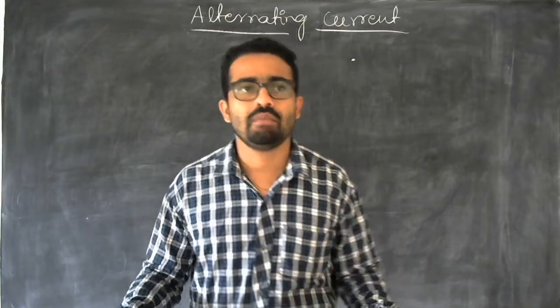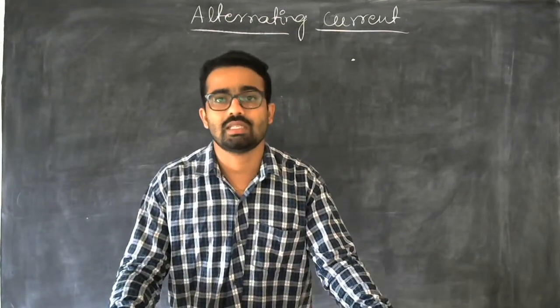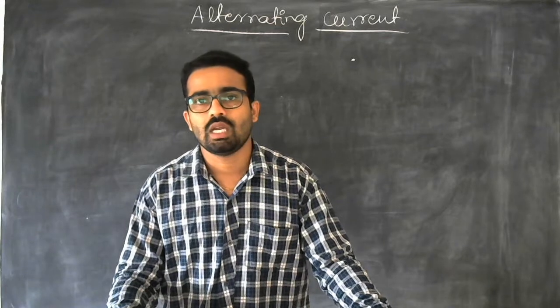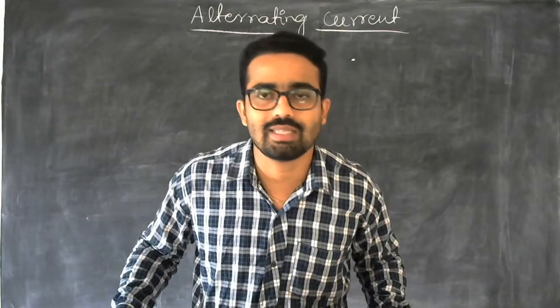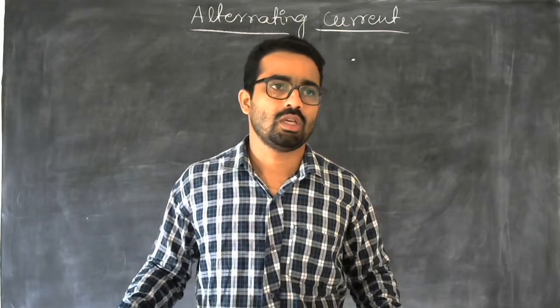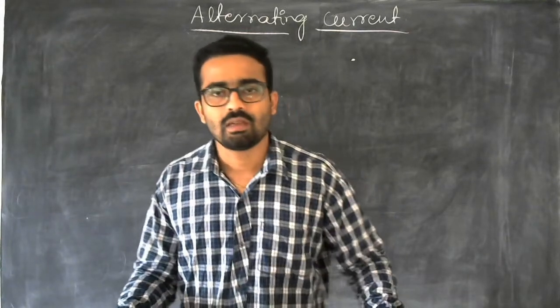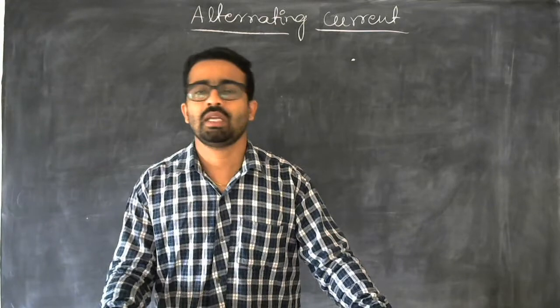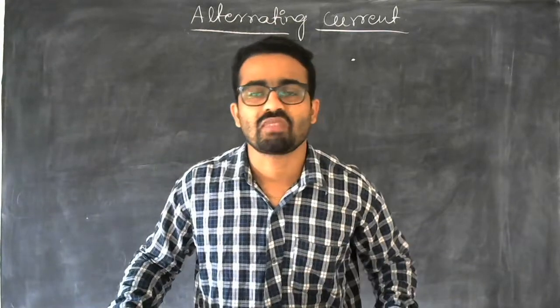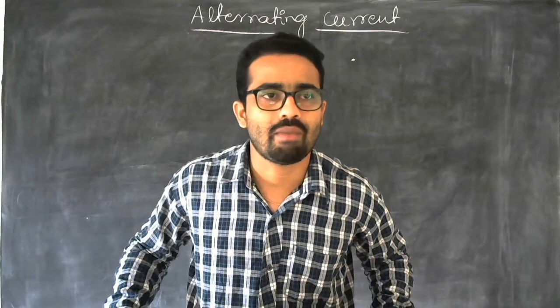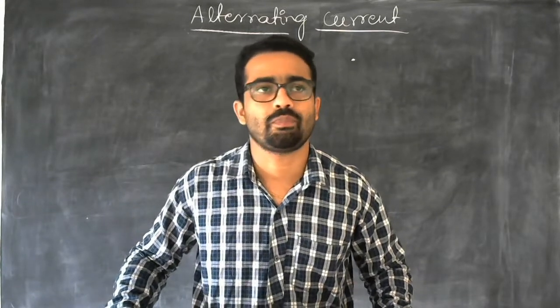Actually we have not combined, but according to the scientist Faraday, he tried to see the effect of electricity and magnetism together. He said that there is a relation between the concept of magnetism and the concept of electricity. So he combined and he saw the effect.